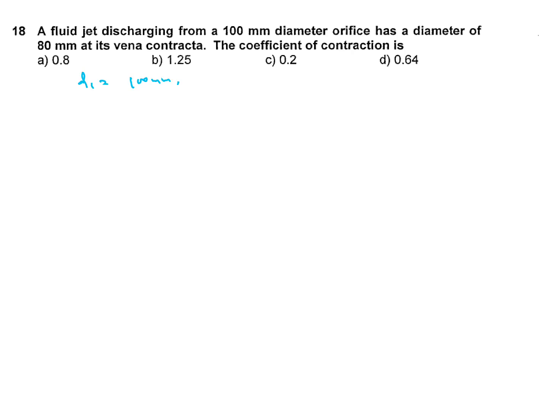Coefficient of contraction Cc equals area of jet at vena contracta divided by area of orifice.